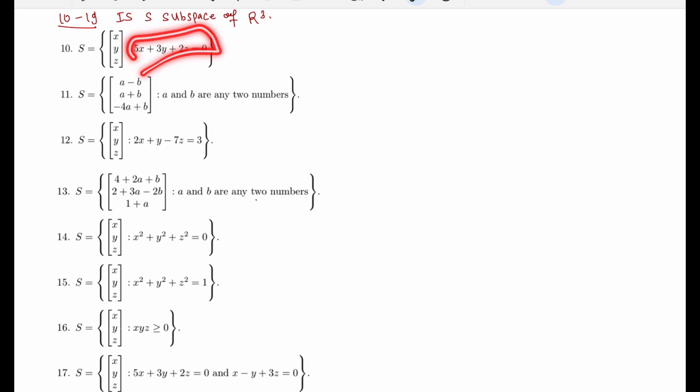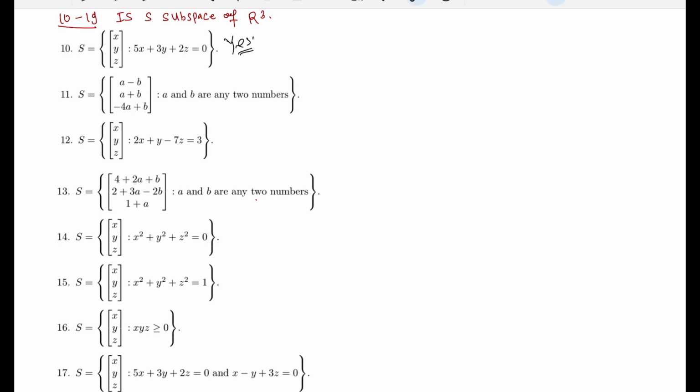And if you see, this plane is in R3 and passes through the origin, so definitely this is a subspace of R3.